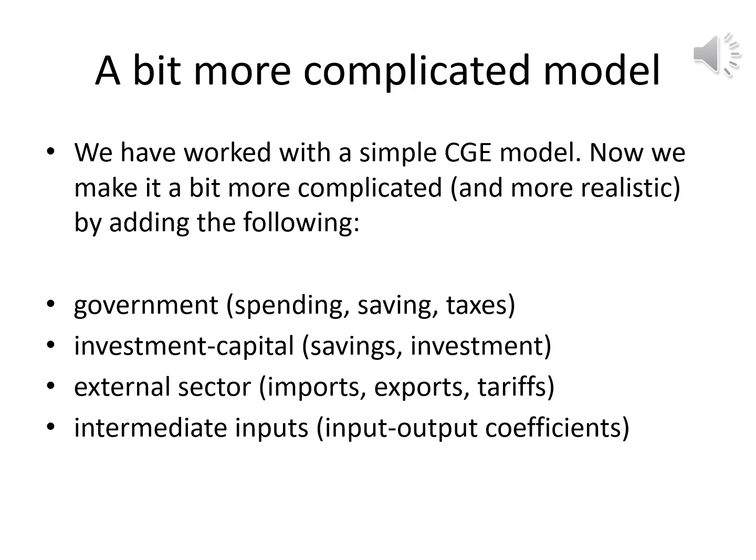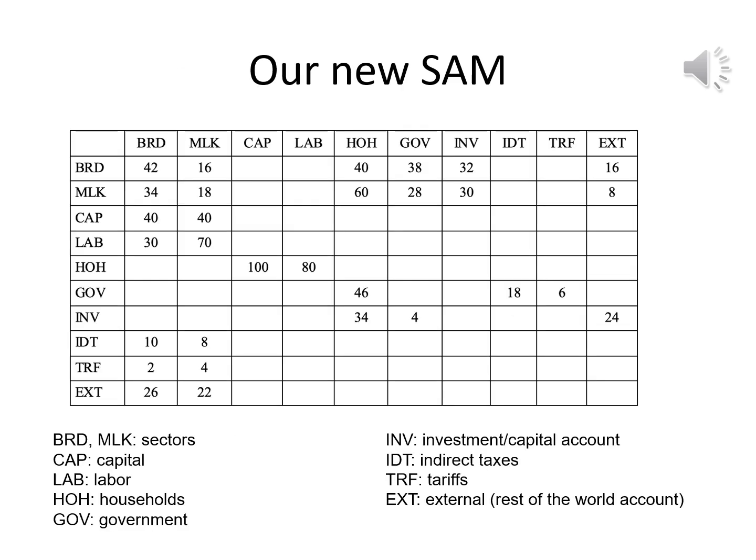Having said that, let's move on to the structure of this standard CGE model. We will start first by introducing the new social accounting matrix, SAM, in the next slide. Here's our new social accounting matrix. This social accounting matrix is a bit more sophisticated and detailed than the previous SAM we used.